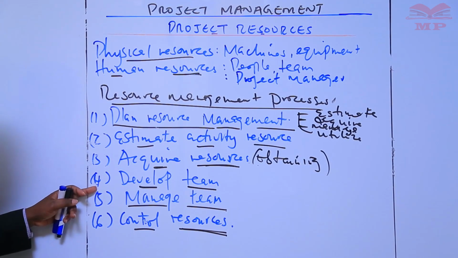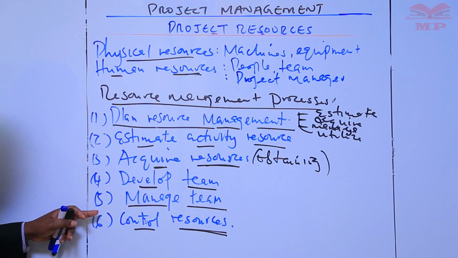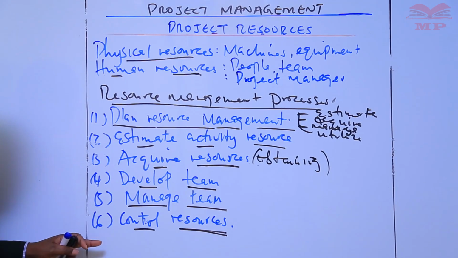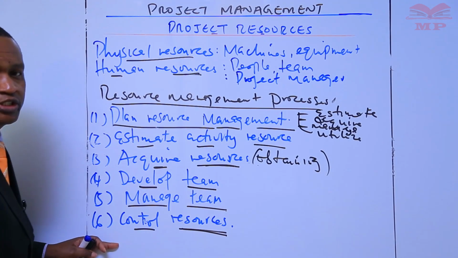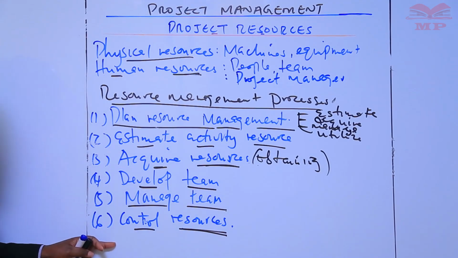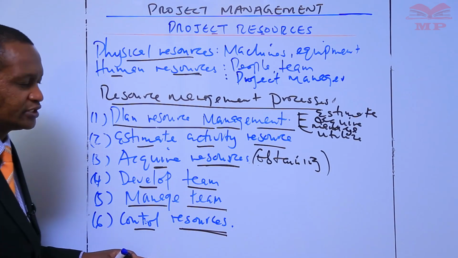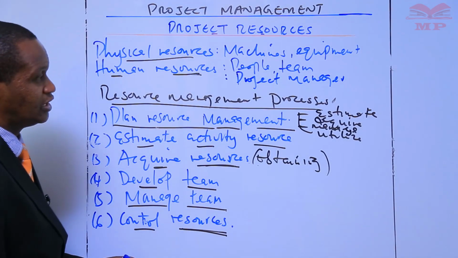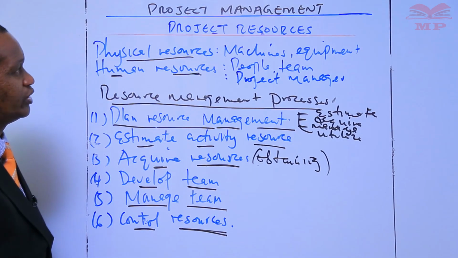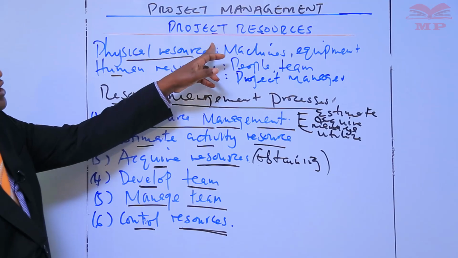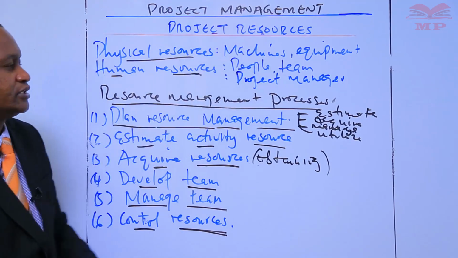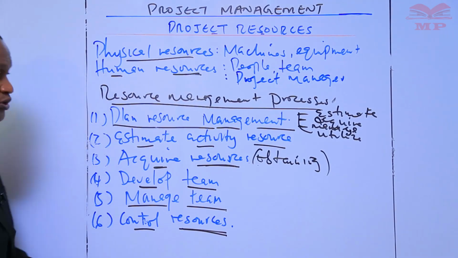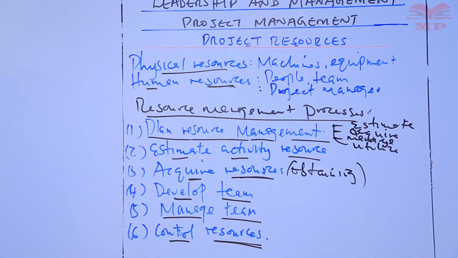Developing the project team is a process. Managing the team is a process. And controlling resources, which I've said include equipment, materials, facilities, infrastructure, and so on. And that effectively brings our today's lesson to a close, where we have studied project resources. And that will pave way for our today's assignment.